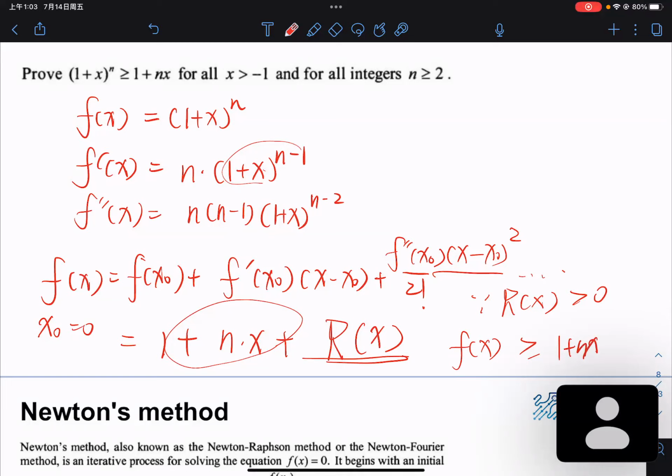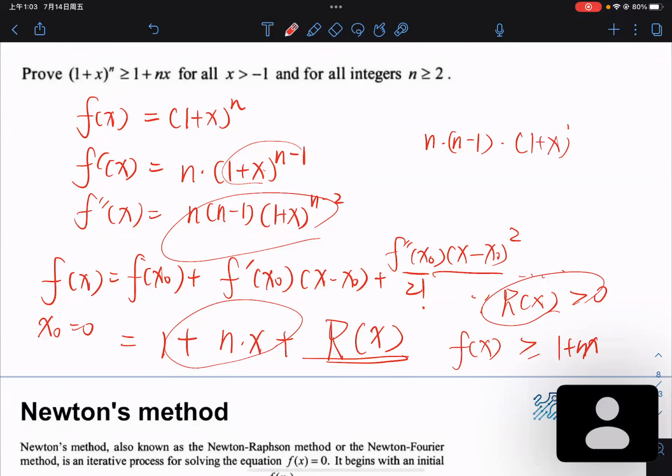So it's quite simple to be solved. Maybe you may ask why this residual part must be larger than 0. Well, it's actually quite easy to get that. Let's first look at the second order term. It is something like n multiplied by (n minus 1) multiplied by (1 plus x)^(n minus 2) times x squared.